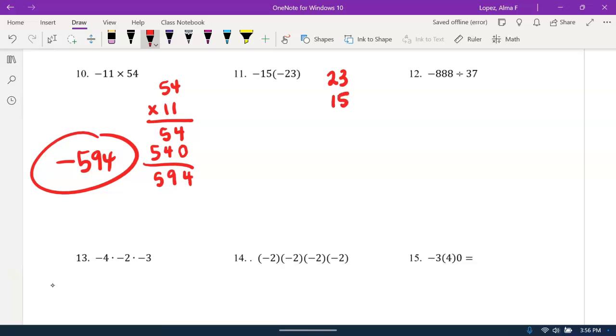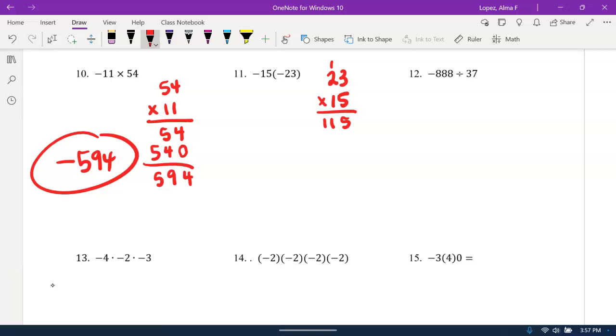All right, next one, I'm going to multiply negative 23 times negative 15. They're being multiplied. That's another way we can see multiplication. I'm going to multiply those together. Now, first of all, though, is the answer going to be positive or negative? Two negative numbers, same sign, positive answer. Now that I know what the answer is going to be, let's find it. 5 times 3 is 15. Bring down the 5, carry the 1. 5 times 2 is 10, plus 1 more is 11.